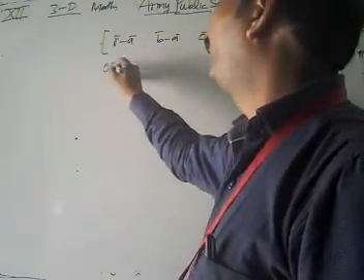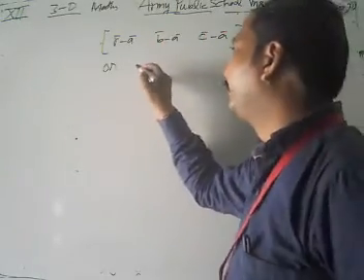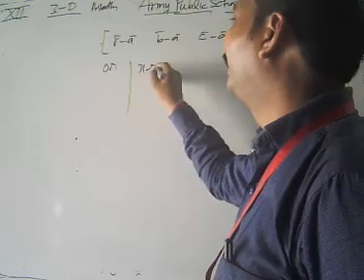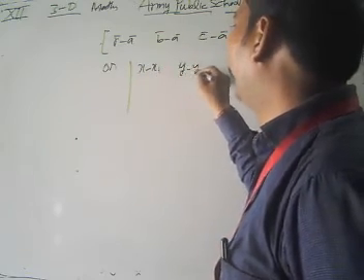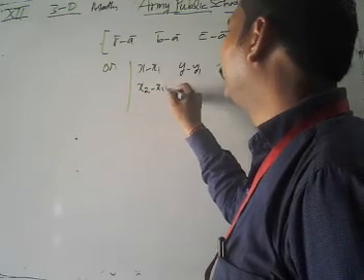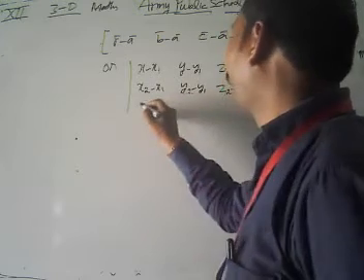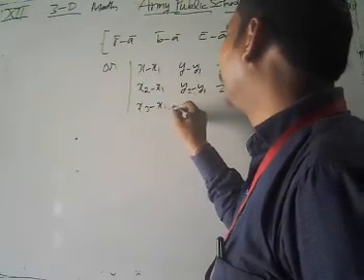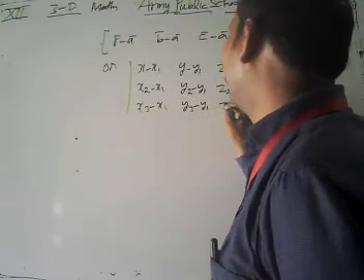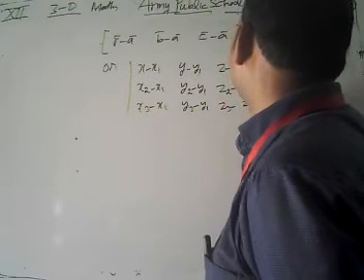We have also seen its Cartesian form. It's given by the determinant with rows x minus x1, y minus y1, z minus z1; x2 minus x1, y2 minus y1, z2 minus z1; x3 minus x1, y3 minus y1, z3 minus z1, equal to 0.